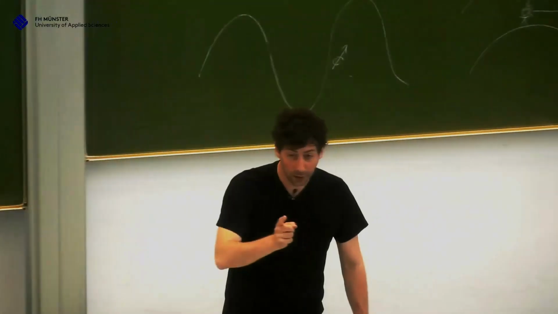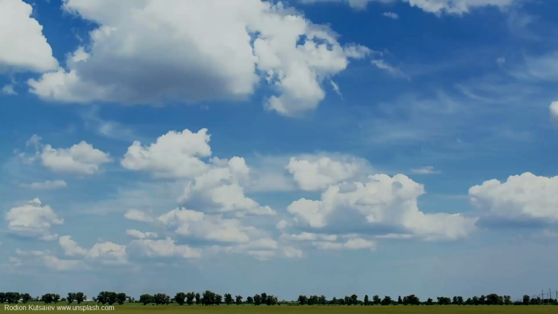So you know now why the sky is blue, but why are the clouds white? Yeah? Yeah. And what do they do? It's correct. So it's large water droplets. And what do they do?